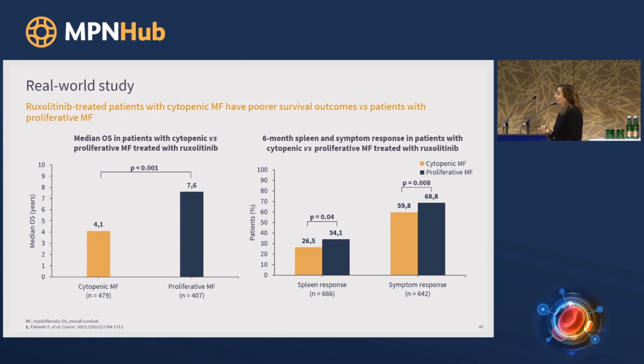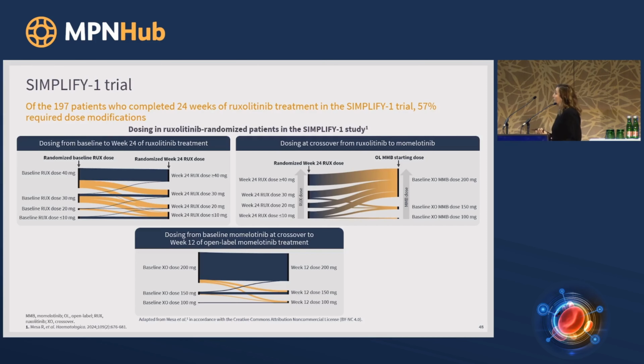In a separate analysis of a real-world study, cytopenia was reported as the most important reason for ruxolitinib discontinuation, in about 40% of cases, in the majority of cases for anemia.